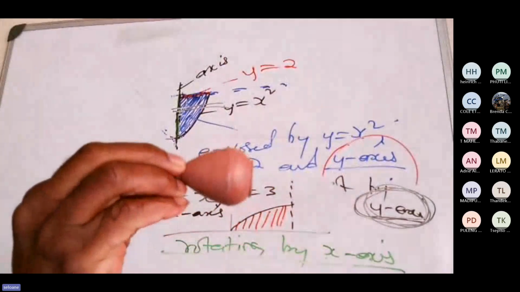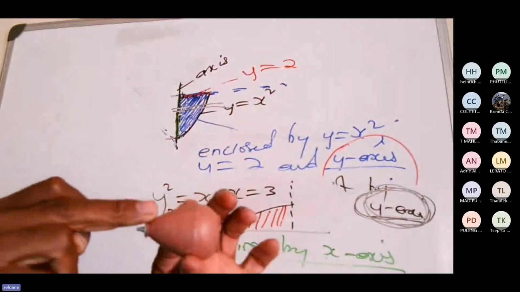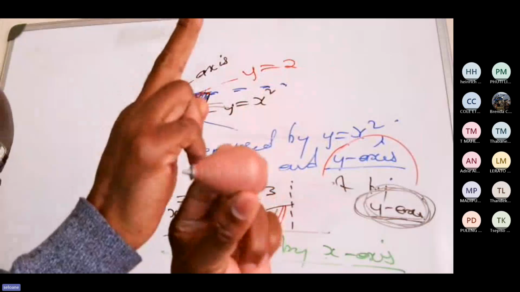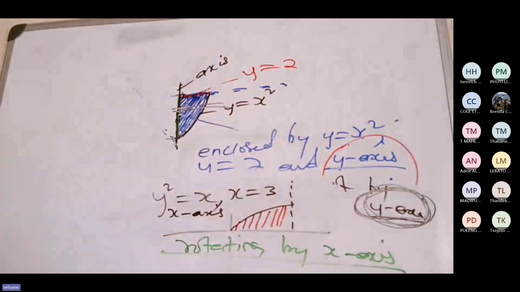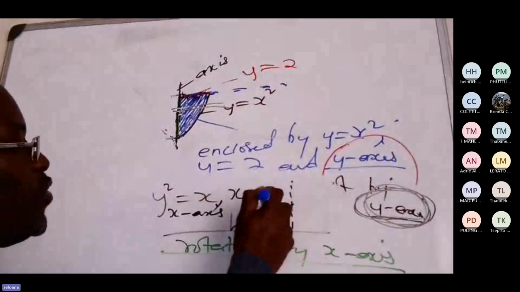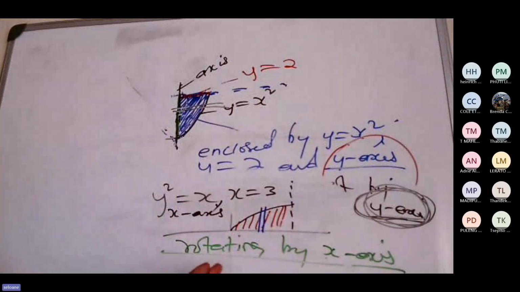Then how to cut? You must cut perpendicular to the center. The center is horizontal, therefore you are going to cut vertically. When you cut vertically like this, as we have said, you cut and you cut. So now you are going to get what? What we call a disc.